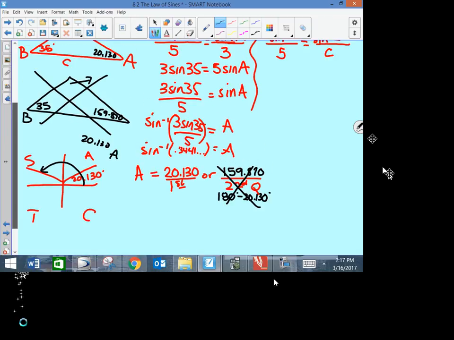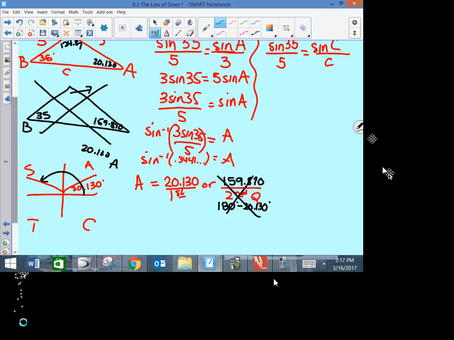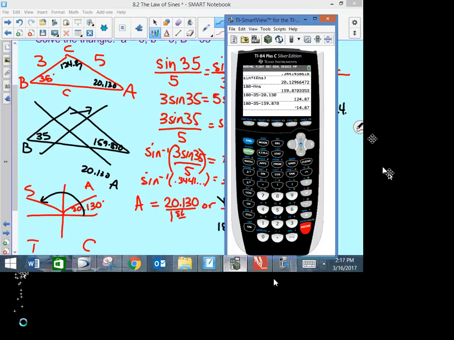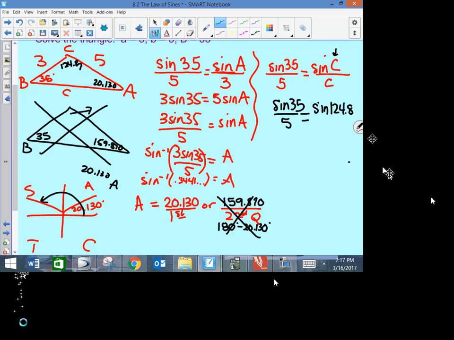So now we can just finish normally once we've already found our C, right? So sine of 35 over 5 is now sine of, what did we say it was? 124 point, what is that? 87, thank you.